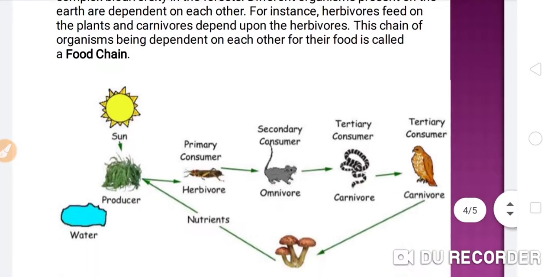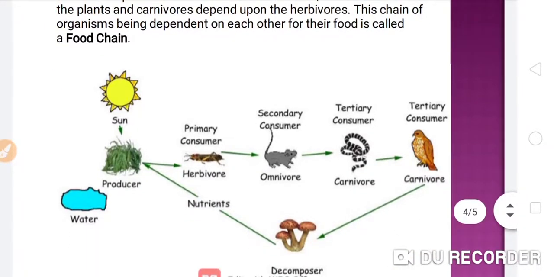In what conditions can they form their food? With sunlight, nutrients and water, and in the presence of chlorophyll. This process of forming food is known as photosynthesis. So they are the producers.